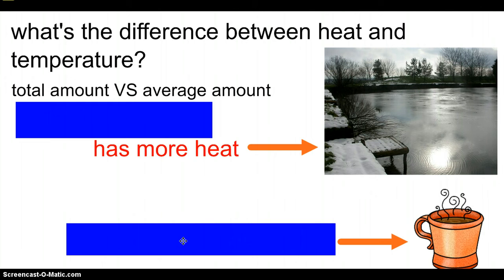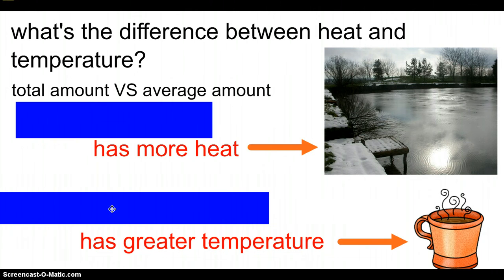On the other hand, if you put a thermometer in the coffee cup, it's going to read a higher temperature than if you put a thermometer in the lake, because on average, those molecules have more thermal energy in the coffee than they do in the lake.